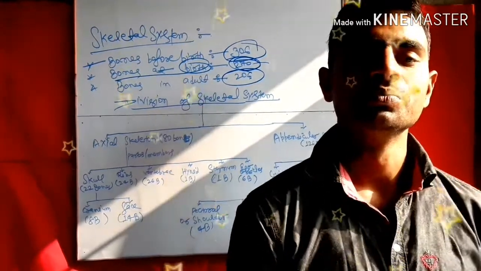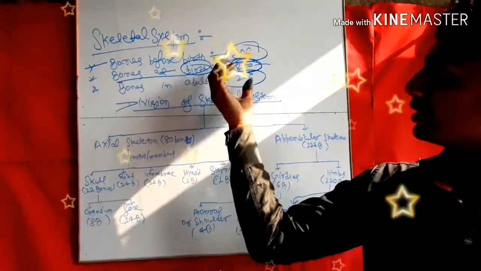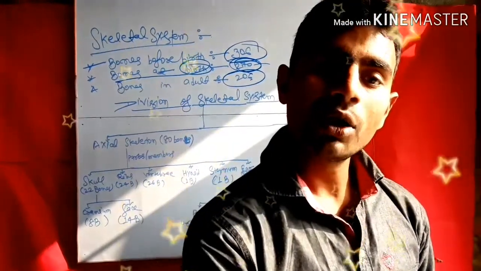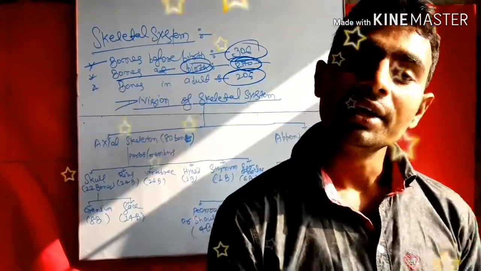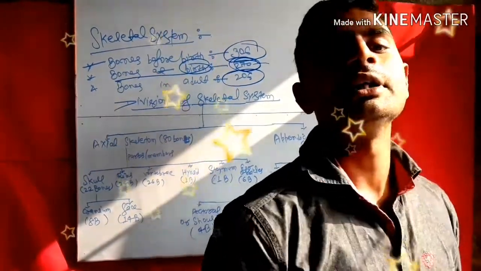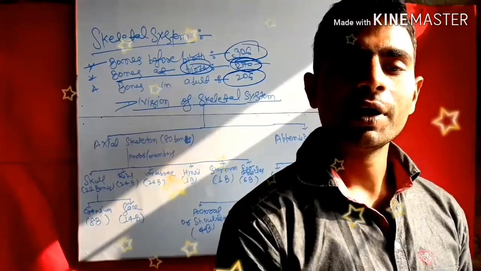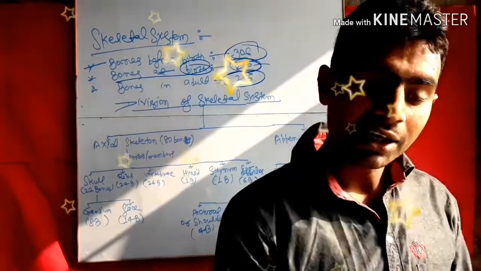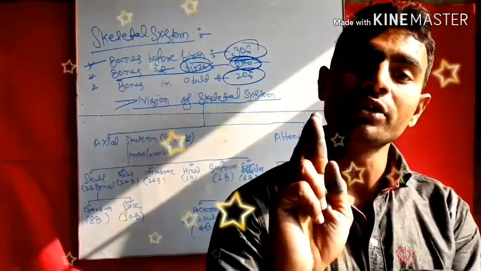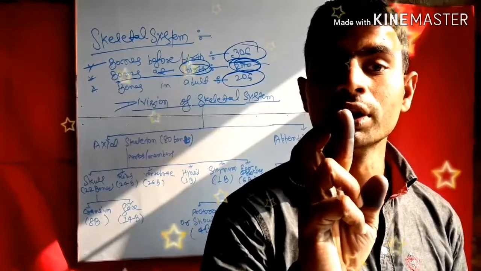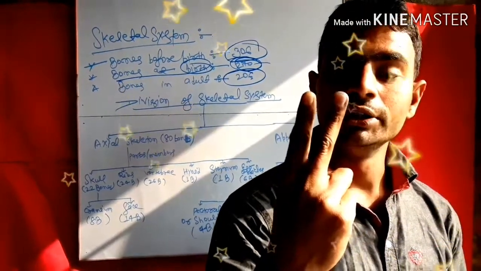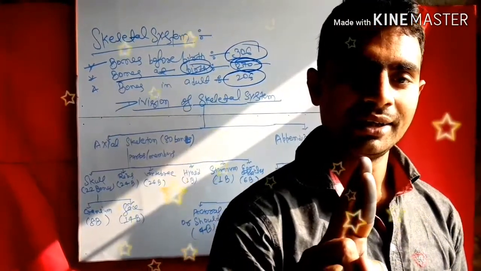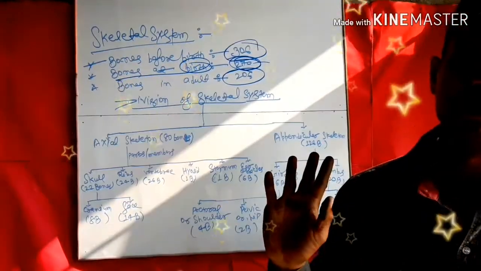After the fusion, the number you are seeing decreases because the bones are fused with each other. The number does not really decrease; the bones are fused, and due to fusion they are counted as only one bone.